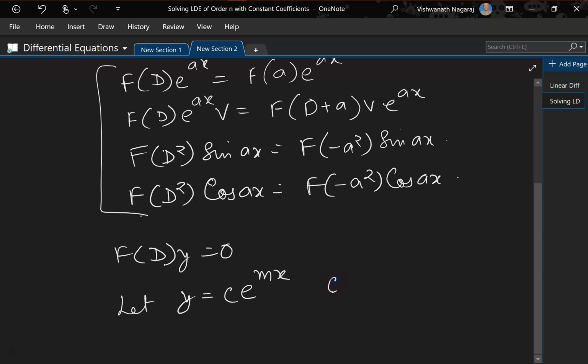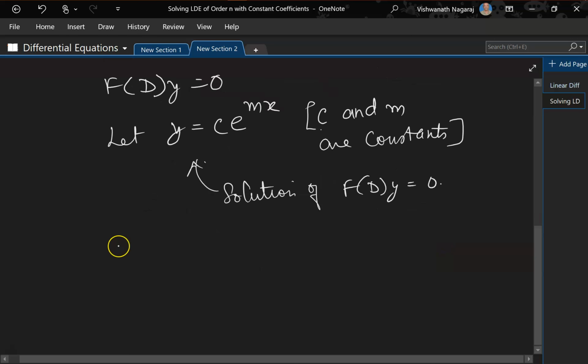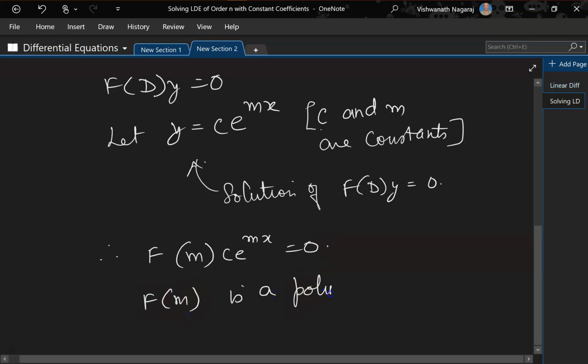Now here c and m are constants. So let's say this is a solution of f of D y is equal to 0. So if that is a solution, we can say f of m c e^(mx) equal to 0. Now here f of m is a polynomial in m of degree n.